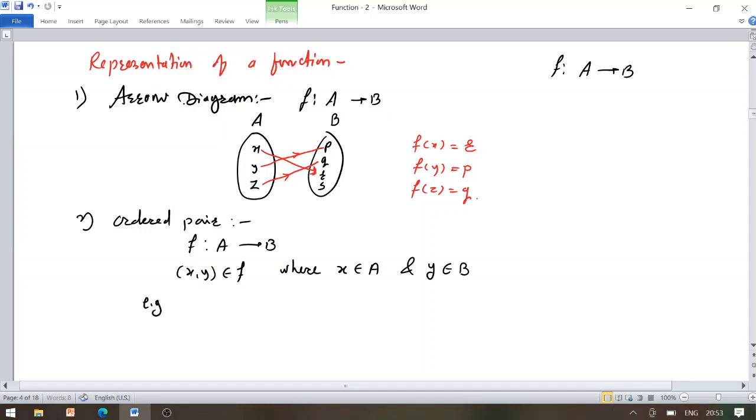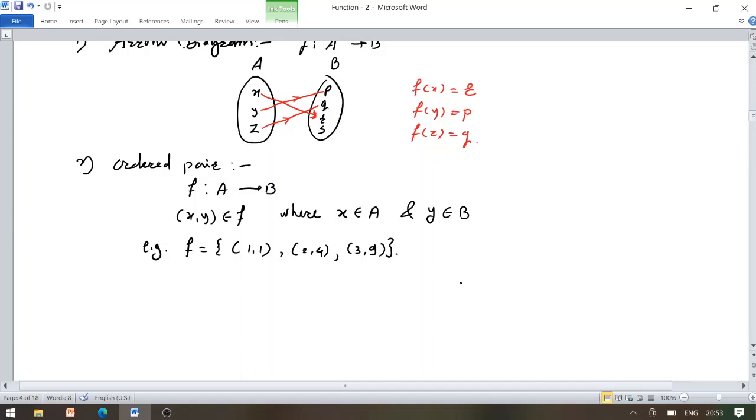For example, f is the function having the ordered pairs (1, 1), meaning f of 1 equals 1, (2, 4), meaning f of 2 equals 4, and (3, 9), meaning f of 3 equals 9. The same square function we can write as ordered pairs.